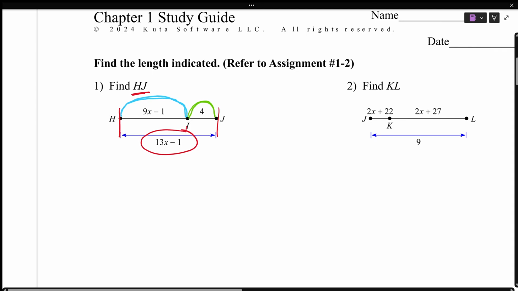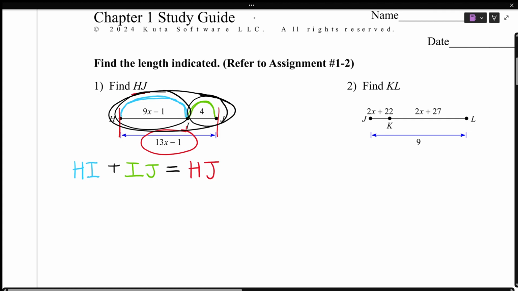So how we're going to break this down is we're going to take HI plus IJ. If we combine HI, that first part of the line, with IJ, it's going to equal HJ. This first part of the line plus the second part of the line is equal to the whole thing.